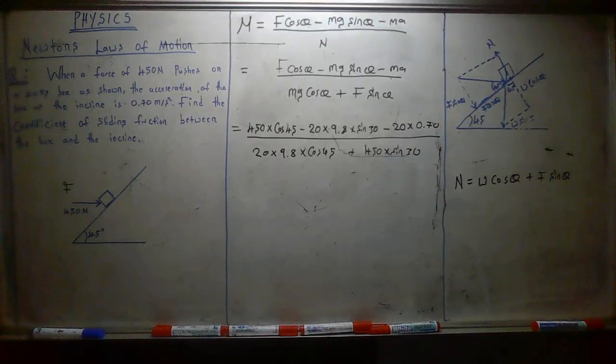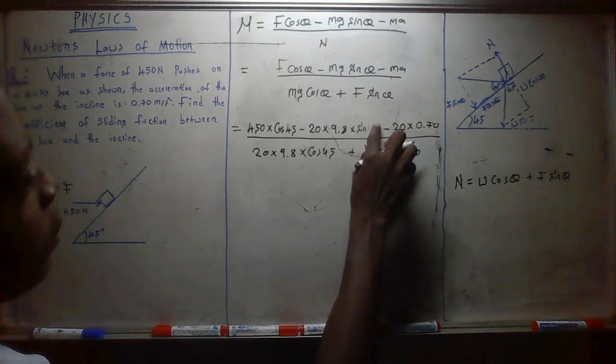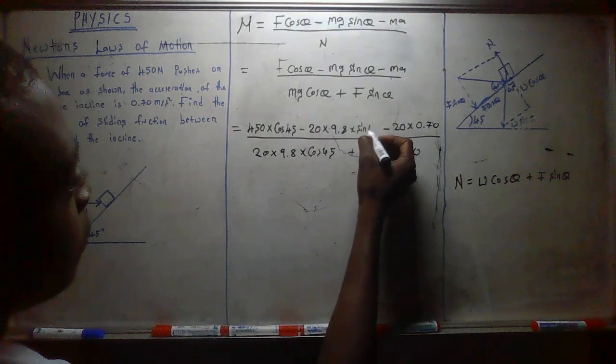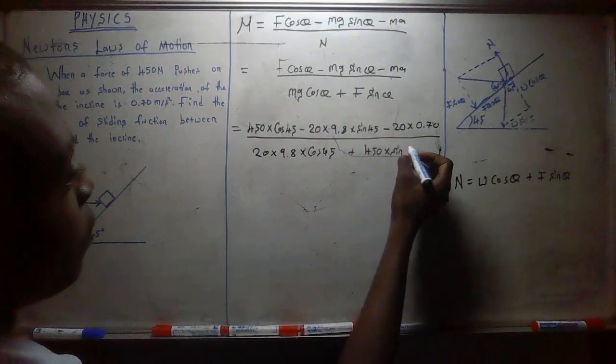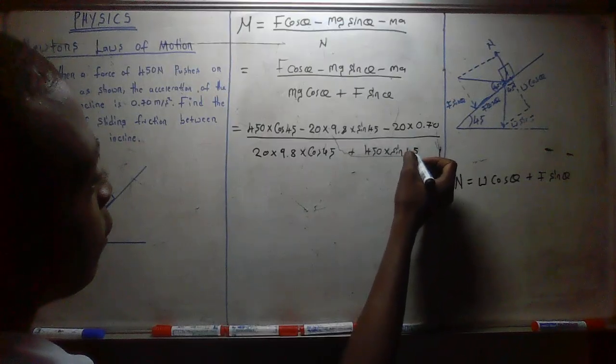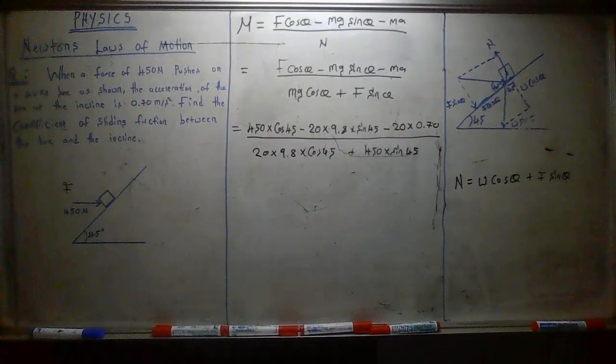All right, why am I using sin 30? Okay, so it's sin 45 everywhere. Yeah, sin 45. All right, yeah, sin 45 everywhere.